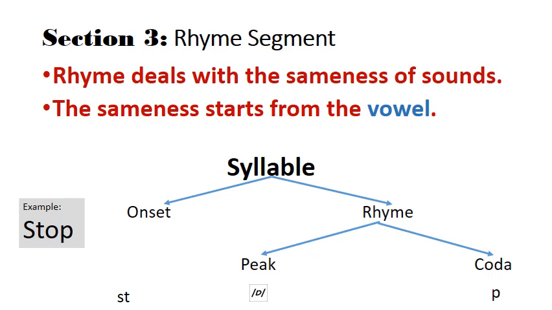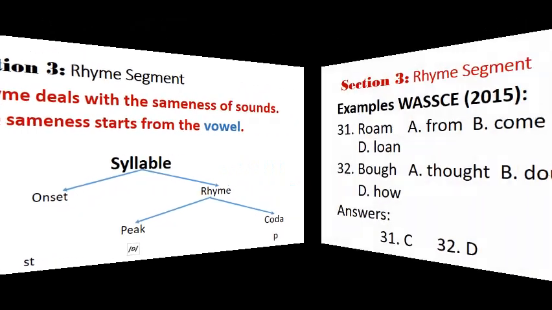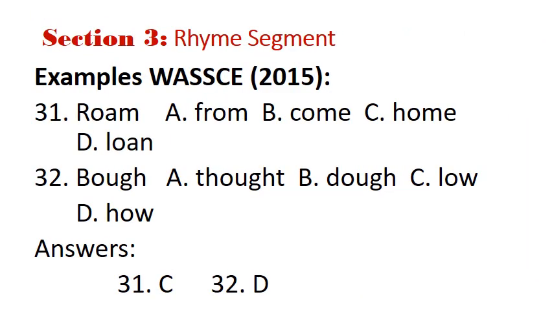So let's demonstrate what we are supposed to do in an examination situation under rhymes. Items 31 and 32 from the 2015 past question have the words as presented on the screen. 31, the word given is ROAM. Option A, from. Option B, come. Option C, home. Option D, loan.